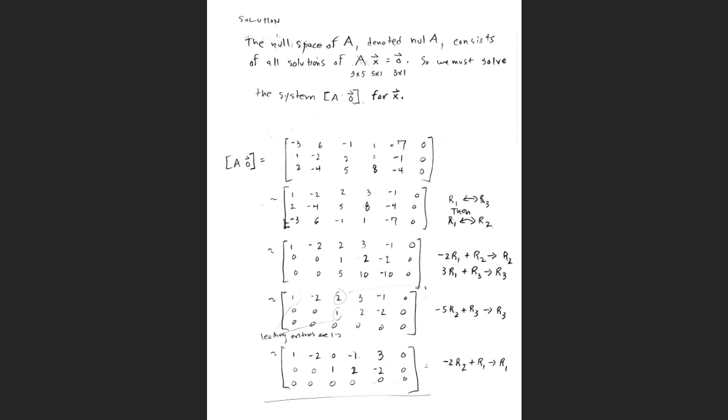Remember, and students tend to make this mistake, you are solving this augmented matrix. Sometimes students don't put the column of zeros on the right side, and that's wrong. When you're solving for the null space, you're solving the matrix equation A times X equals a zero vector.